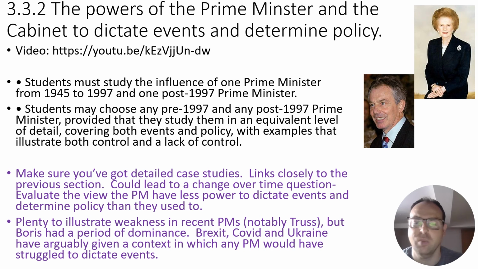So there is some good stuff to get in there and analyse, and I'm sure, like in all your classes, we've been talking about all this stuff as it's been happening, and you should have plenty to illustrate the problems that prime ministers face and how they can't always dictate events and determine policy, and even when, like Liz Truss, they have a very clear idea of what policy should be, they don't always get it through, even if they have a strong majority in the House of Commons.